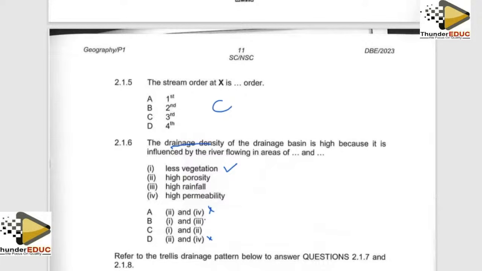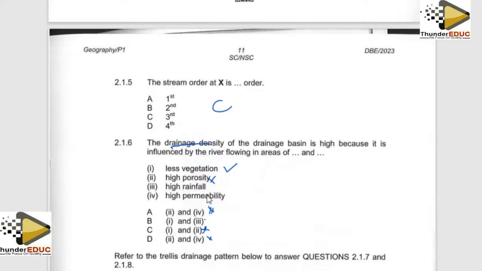When you look at C and B, the next one is high porosity. High porosity means there is more allowing water to go through. So that means if water easily goes through, it can't allow the formation of high drainage density. So that one is wrong. So wherever you have 1 and 2 is wrong. That is wrong. Obviously, the answer remains high rainfall.